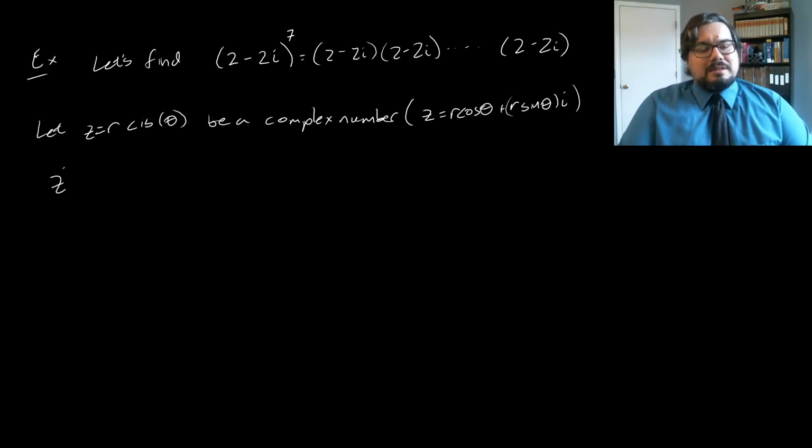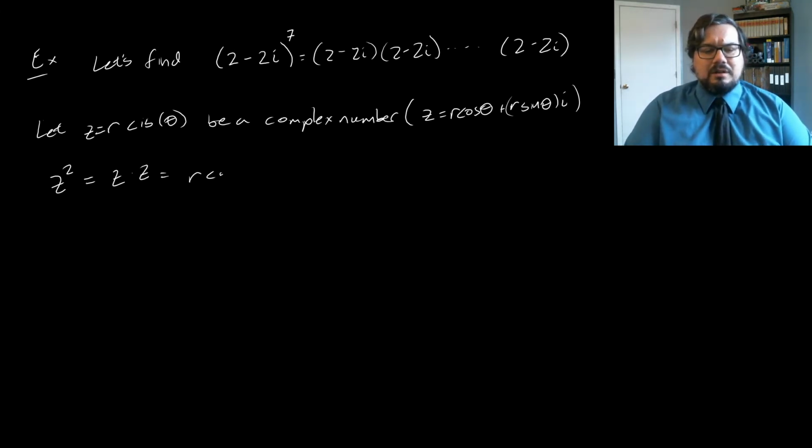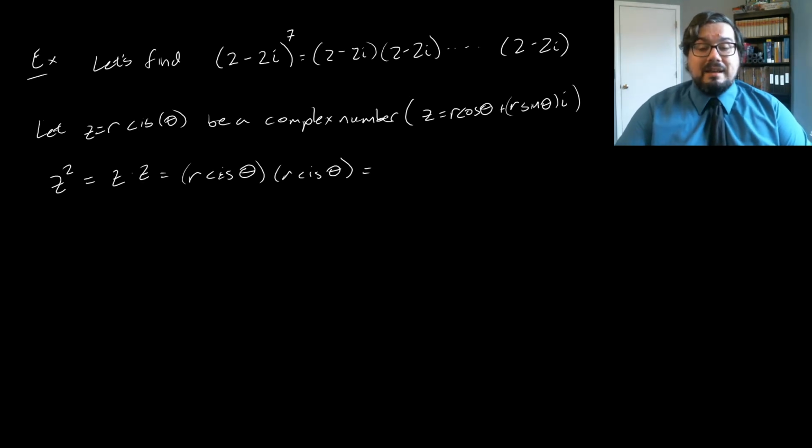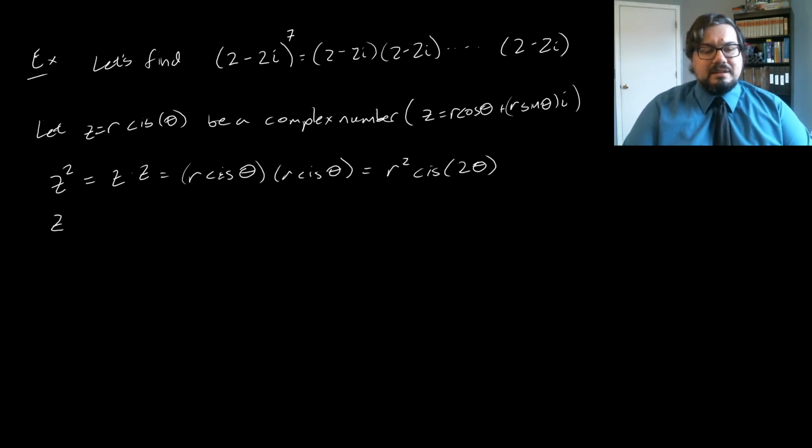So now if we want z squared, that's z times z, which gives us r cis theta times r cis theta, which by the formula that we had last time gives us r squared cis of theta plus theta, which is 2 theta. All right, so that's z squared.